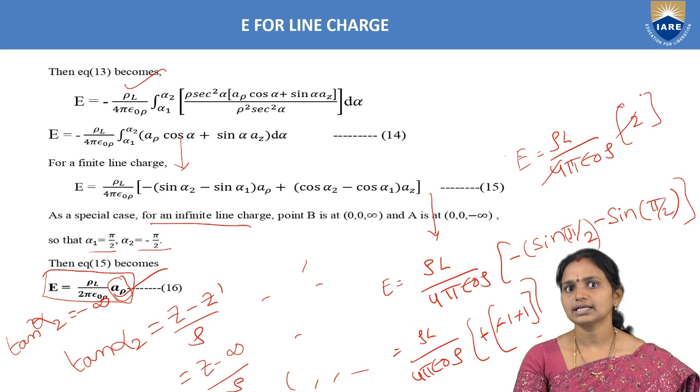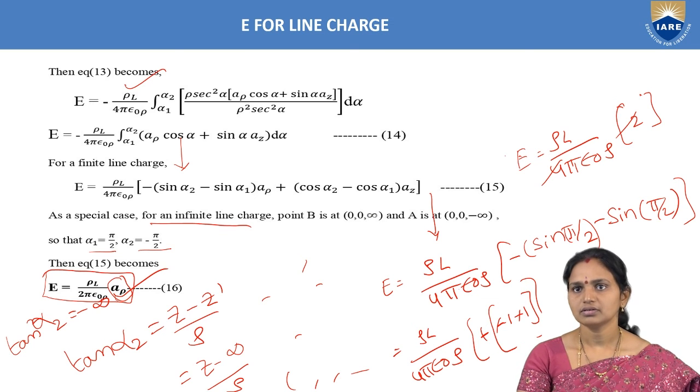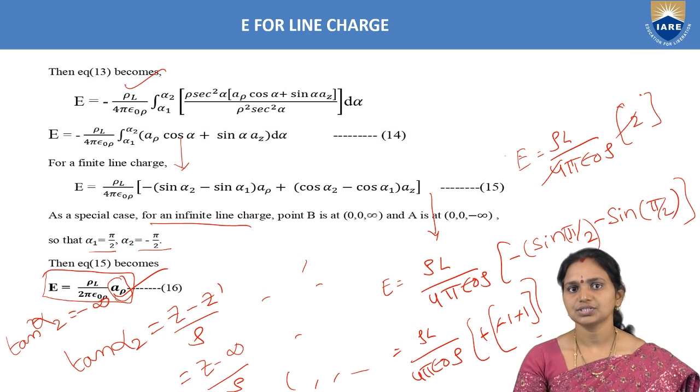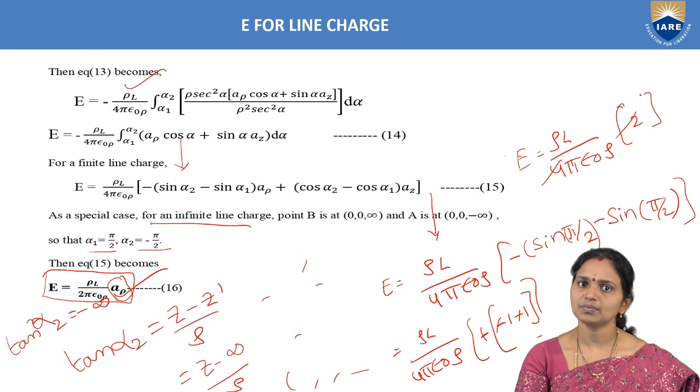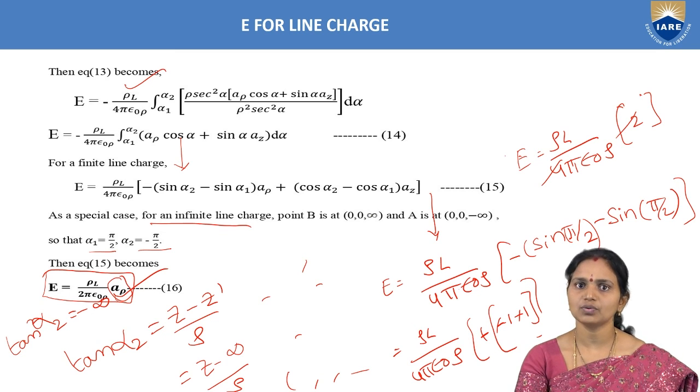To derive the electric field strength value in case of line charge, initially we started with the case of point charge. For that, we derived the equation E in terms of Q, which we have taken as the starting step: E equal to Q by 4 pi epsilon naught R square into AR. In that place, by replacing q with rho L, we can replace q with integral rho L dl.